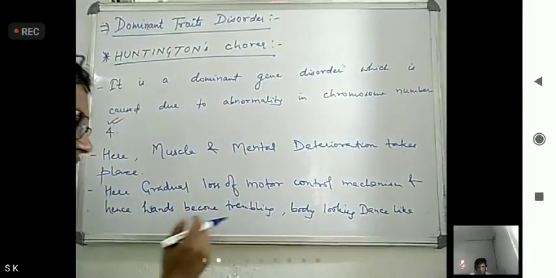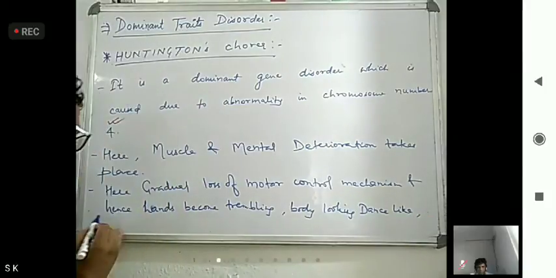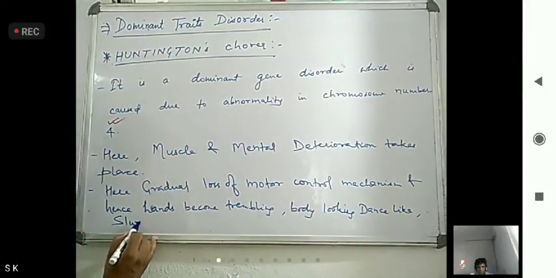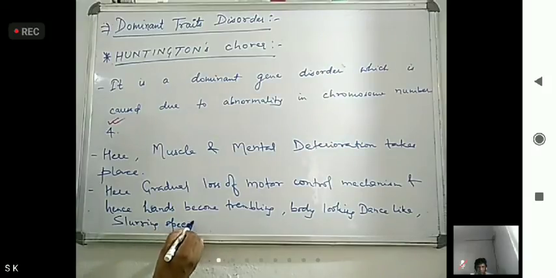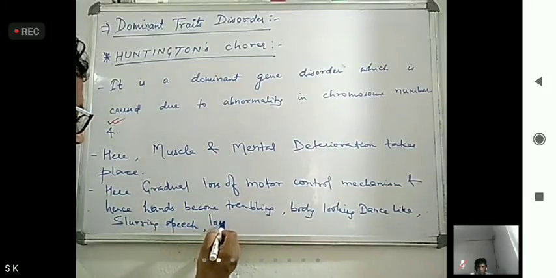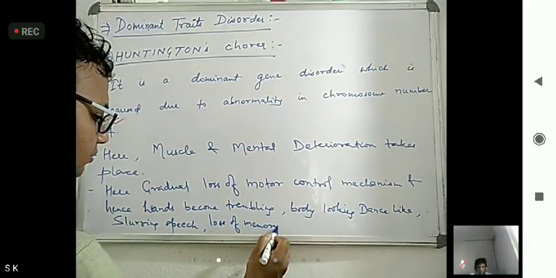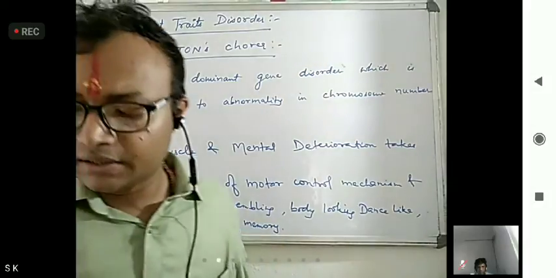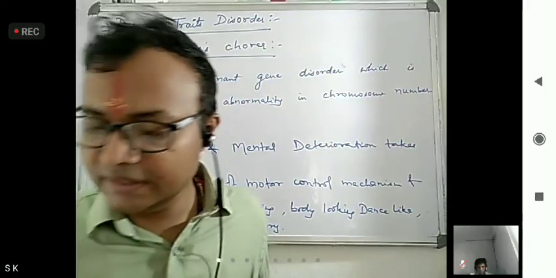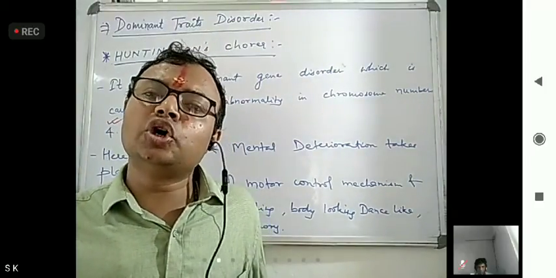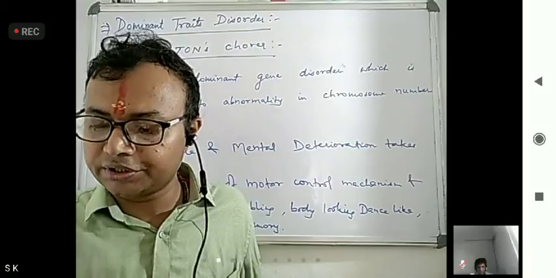So another is slurring speech, then loss of memory. Okay, and this is the disease that starts at the age of 15 to 40 years.